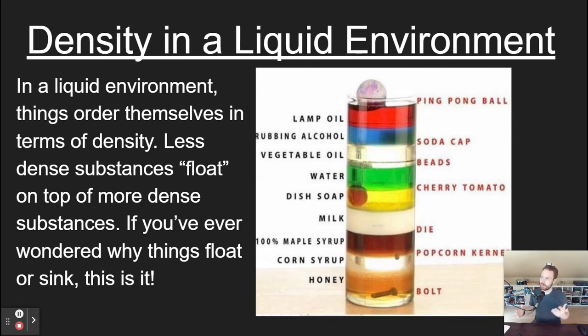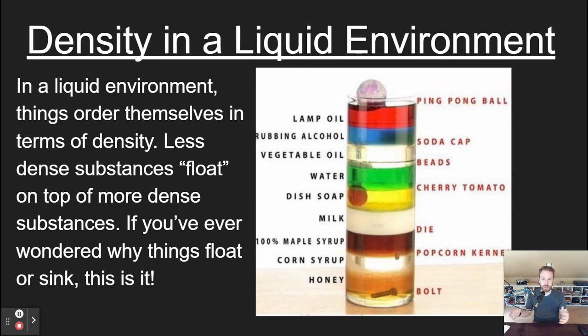If you're thinking about interacting with those substances, it probably makes sense. Soap is thicker than water, as is milk. Syrup is thicker than water or milk or soap. Honey is even thicker than syrup. Some people don't even think of honey as a fluid, but it is. It has fluid dynamics. So it is technically a liquid, but it's a very, very dense, very viscous liquid.